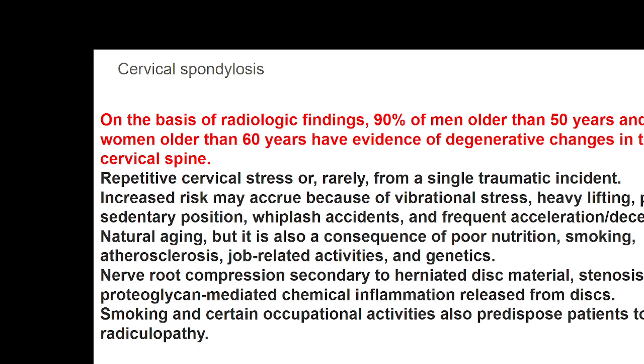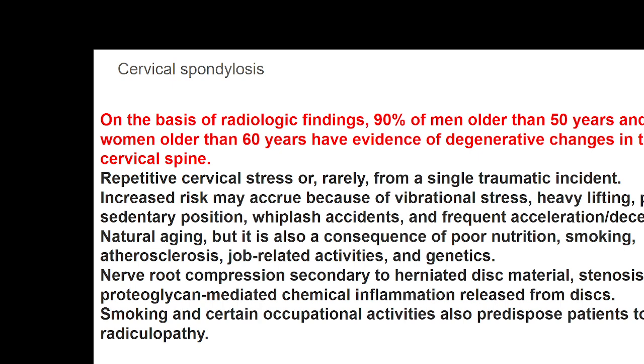Then another factor is natural aging, also considered as one of the causes, but natural aging is triggered by poor nutrition, smoking, atherosclerosis, job related activities, and genetics also are now known to be there. So a lot of information about the genetics is coming up in case of spondylosis. I will not go into all those details now.